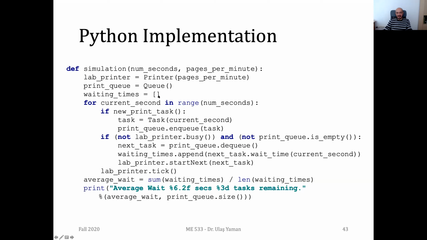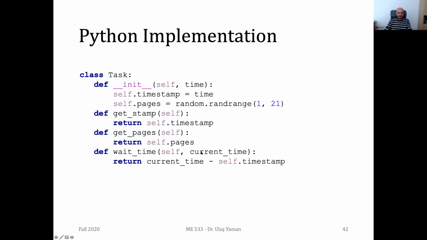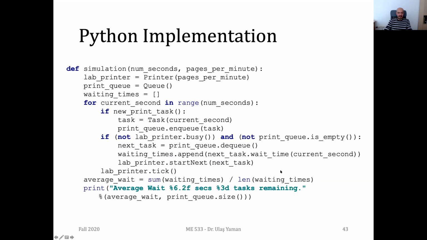So we calculate the waiting time and then assign it to our waiting times list. If you look here, we calculate this waiting time with the help of the wait time operation. Let me show you the wait time operation here. We do the subtraction with the help of the current second value. This is the current second in our for loop.